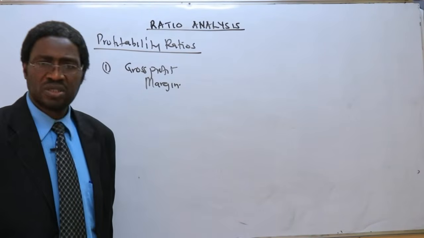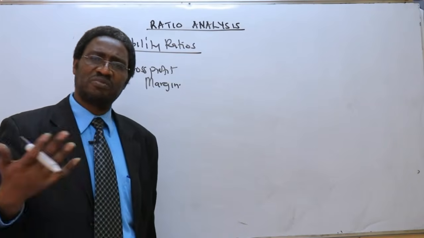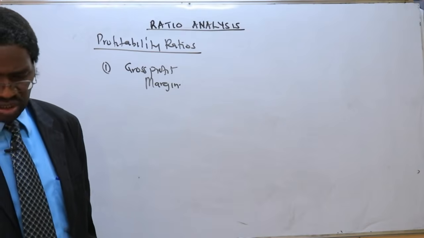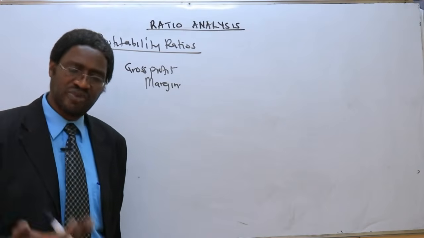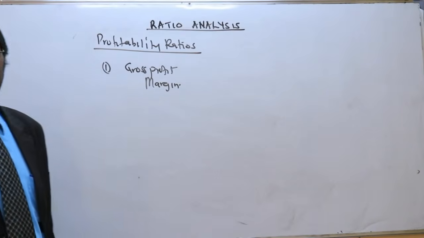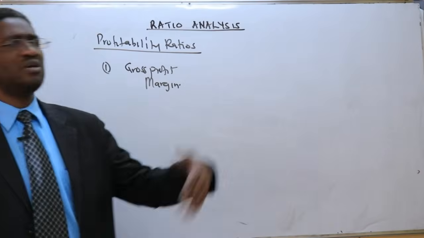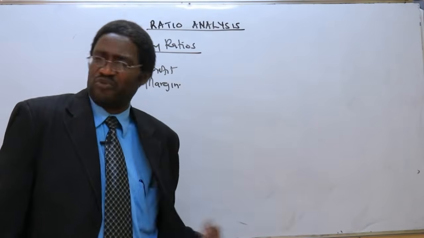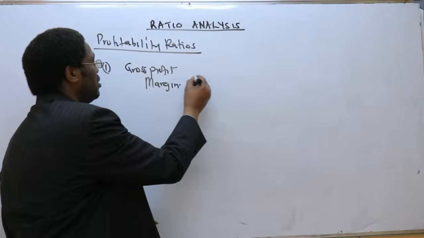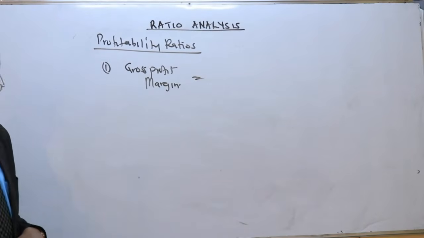Profitability ratios measure the profitability of a firm. Of course, the higher the profitability, the better the firm. But give me the formula for getting the gross profit margin.